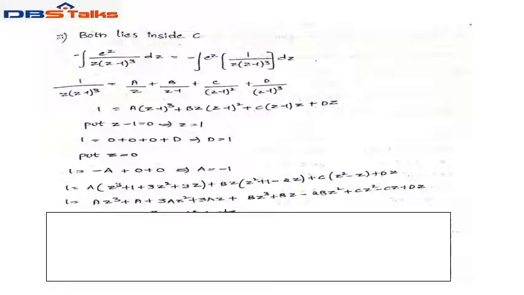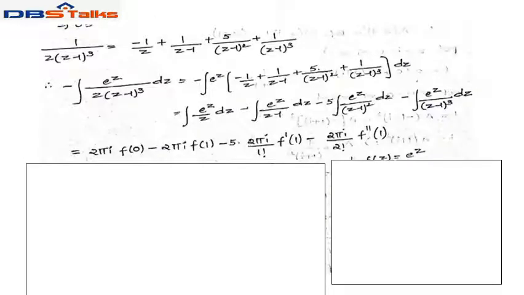First put z equal to 1, we get d value. Next put z equal to 0. Then comparing the z square and z cube coefficients on both sides, we get the a, b, c, d values. Comparing z cube coefficients, we get b equal to 1, and comparing z square coefficients, we get c equal to 5.